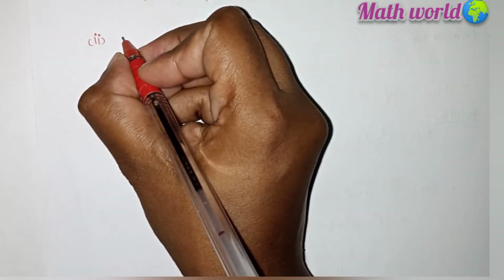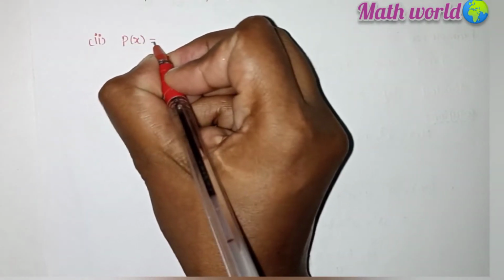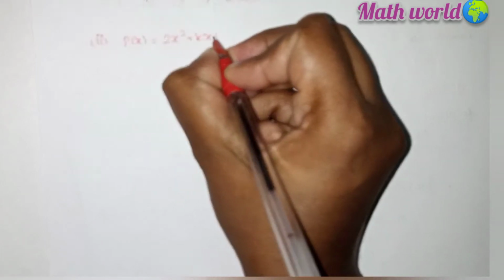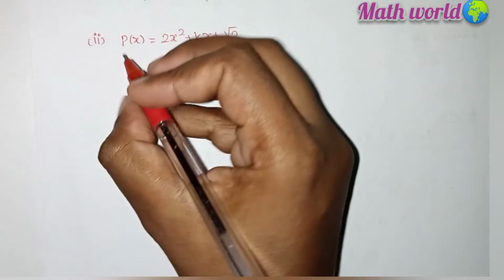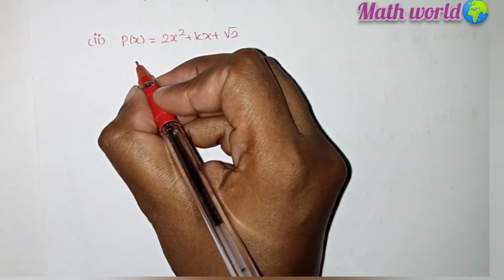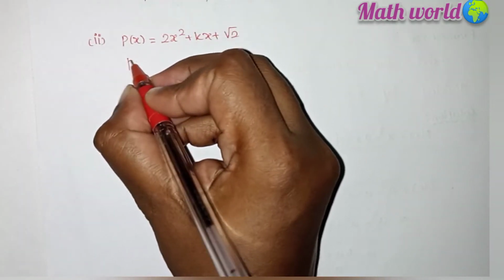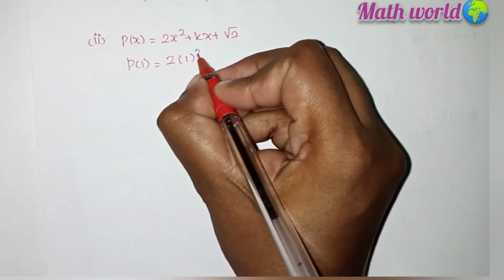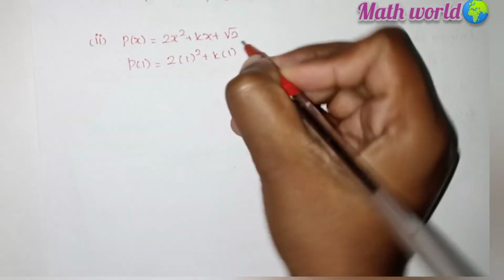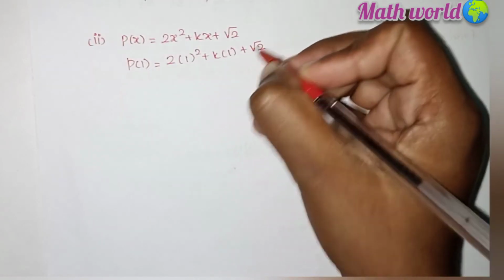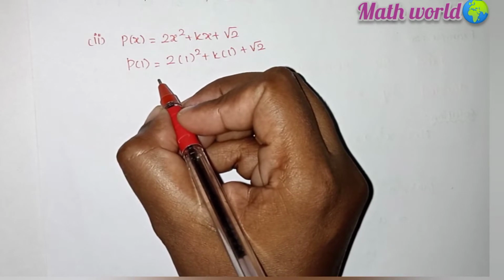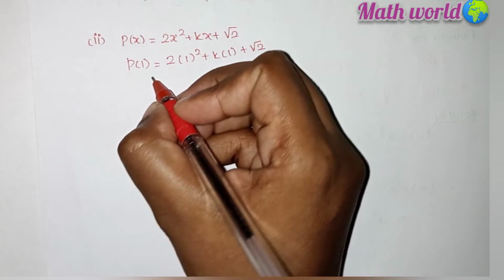Second subdivision, P of x is equal to 2x square plus kx plus root 2. So I can substitute that value of x in this P of x. So P of 1 is equal to 2 into 1 square plus k into 1 plus root 2. Then I can take this P of 1 as 0 in all cases because x minus 1 is a factor.